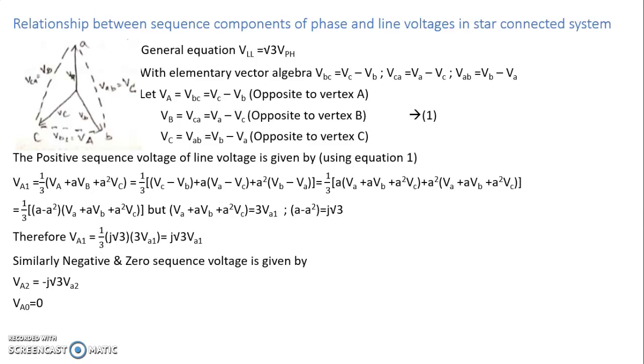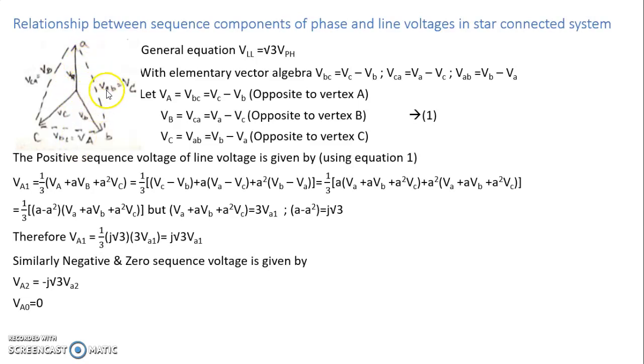So here the topic is the relationship between sequence components of phase and line voltages in a star connected system. This is a star connected system. We have taken it in terms of phasors. VA, VB, VC are the phasors with small letters, these are the phase voltages.